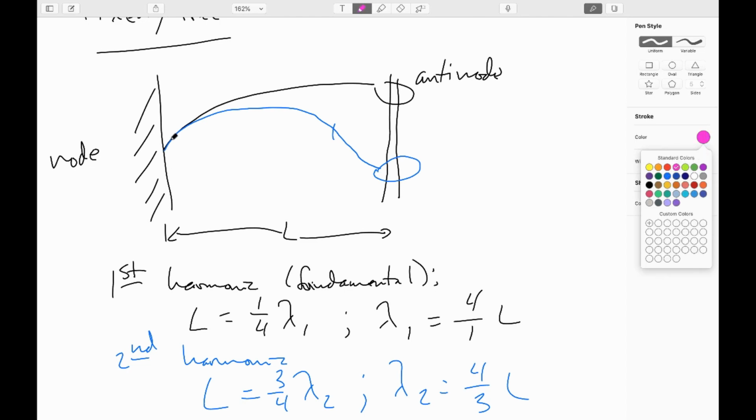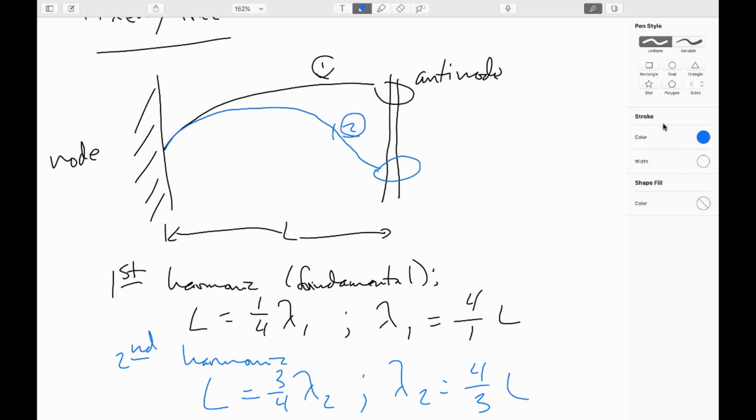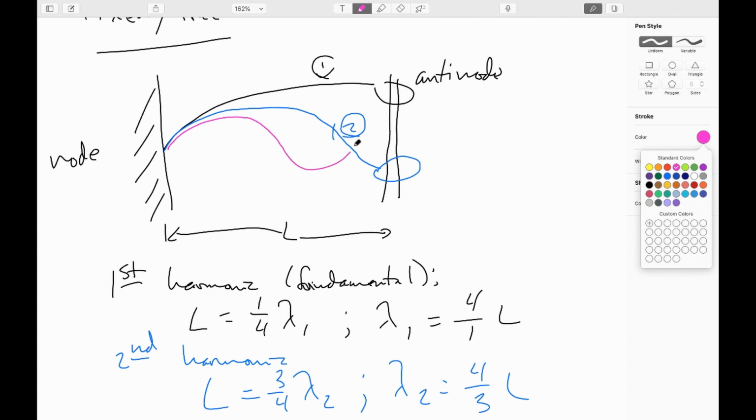Then the next possibility we could imagine would be, say, if I stuck an entire wave in and then ended on an antinode. So there'd be an entire wave plus another quarter of a wave.